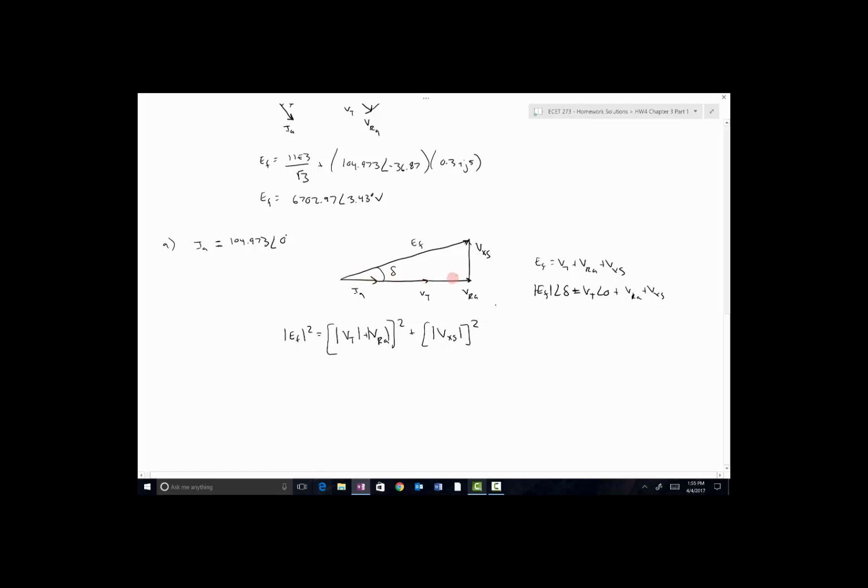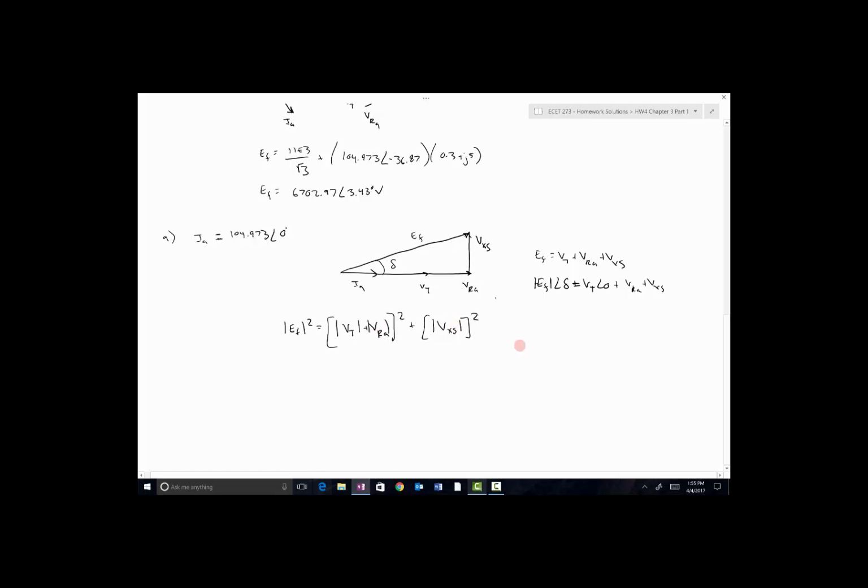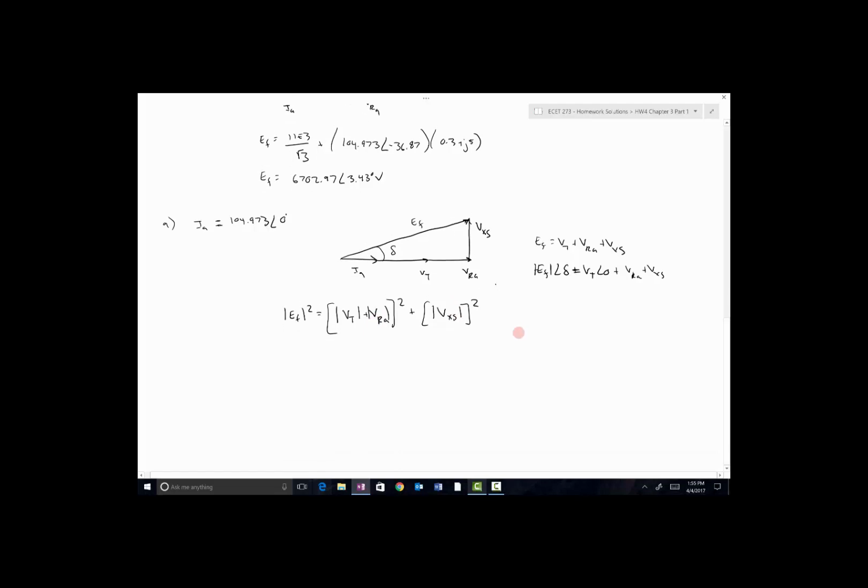So we're seeing this as a right triangle. The hypotenuse squared is equal to the base squared plus the height squared. So now we can solve this if we know the different magnitudes. And we do, because we know the current and we know RA and XS.